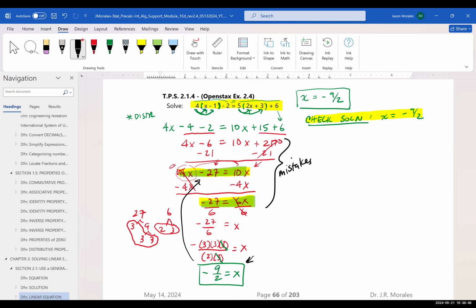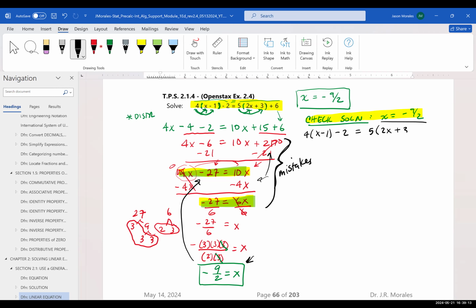So, to give us the best possible chance of checking whether we're right or not, we want to check it against the original equation, which doesn't have any room for where we possibly made mistakes. All right. So that's why we're going to be checking this against our original unmodified equation.